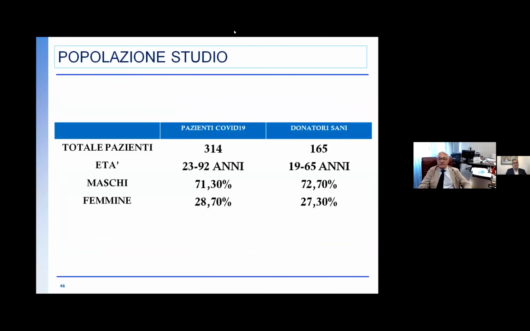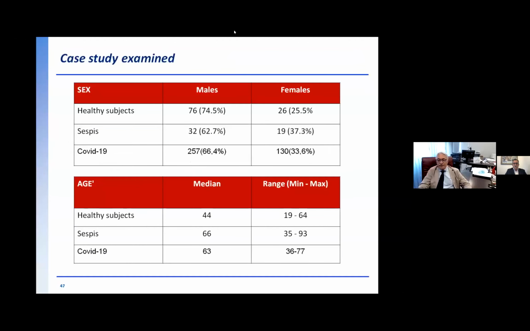And there you can see the study of these parameters: 314 COVID patients as against 165 healthy donors. And you can see the age, 23 to 92 years of age for COVID patients, and between 19 and 65 years of age for the donors. Males and females are subdivided according to the percentages that you can read on the slide.